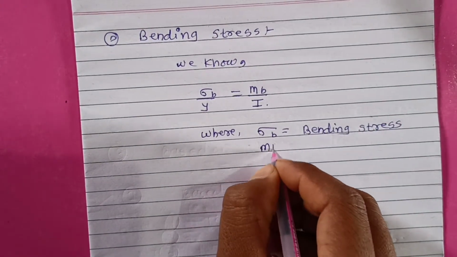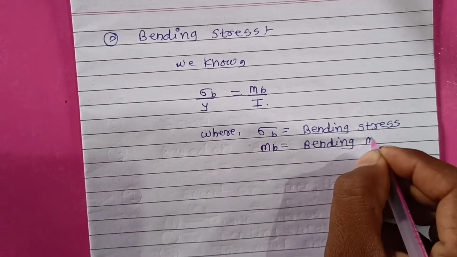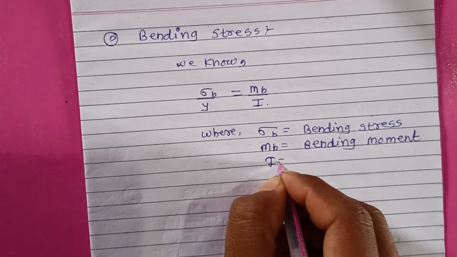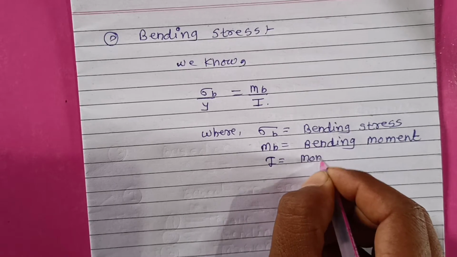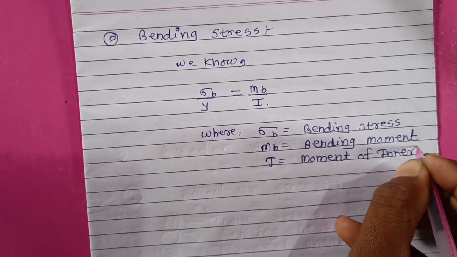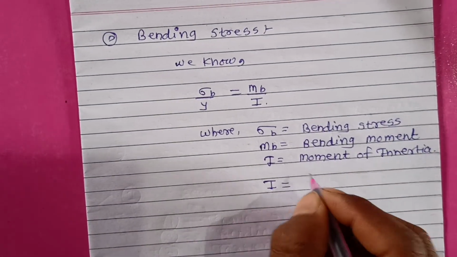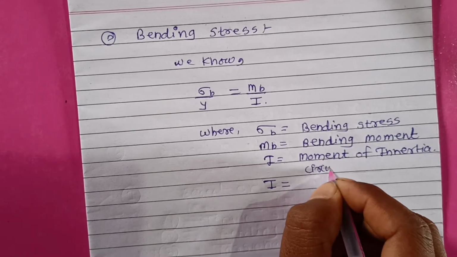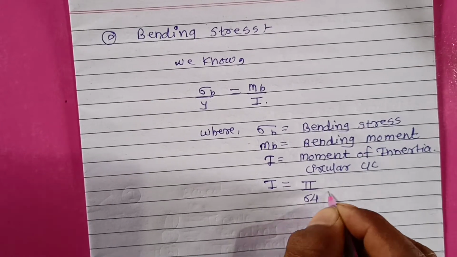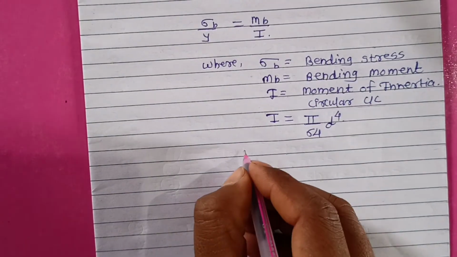then Mb is nothing but the bending moment, I is nothing but the moment of inertia, and the formula for moment of inertia for a circular cross section is pi by 64 into d raised to 4. Then the last one is y.